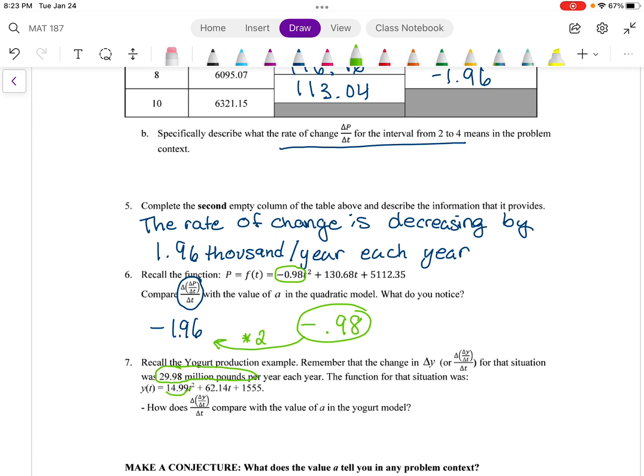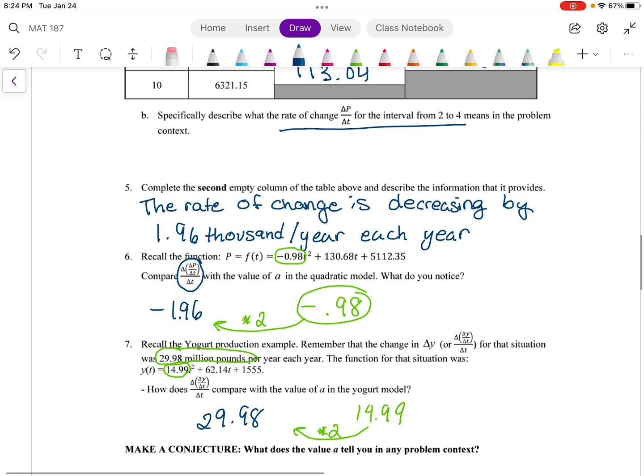And here we have an A value of 14.99. And again, if I take 14.99 and I times that by 2, guess what? I get 29.98. So that A value is going to help me figure out what the rate of change is changing by.